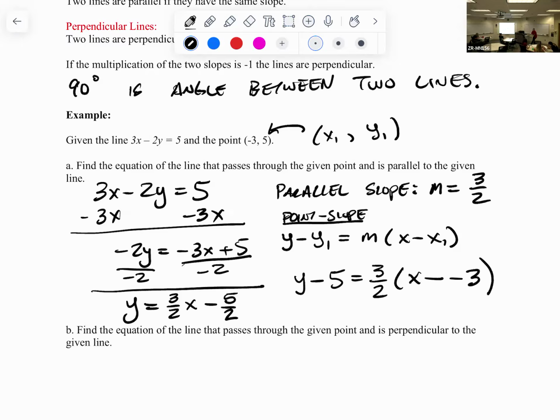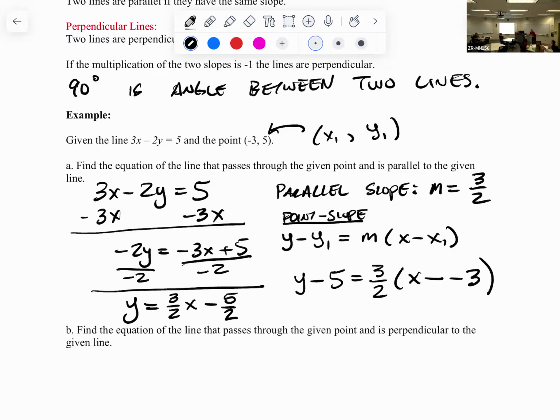-3. Very important: the biggest mistake with point slope is dropping your negatives. Because this is the equation, it already has negatives embedded in it. So you want to make sure that you put in -3, it becomes minus minus, and of course, x minus -3 is actually x plus 3. Although it's perfectly fine to leave it in that form, since it just said find the equation of a line.